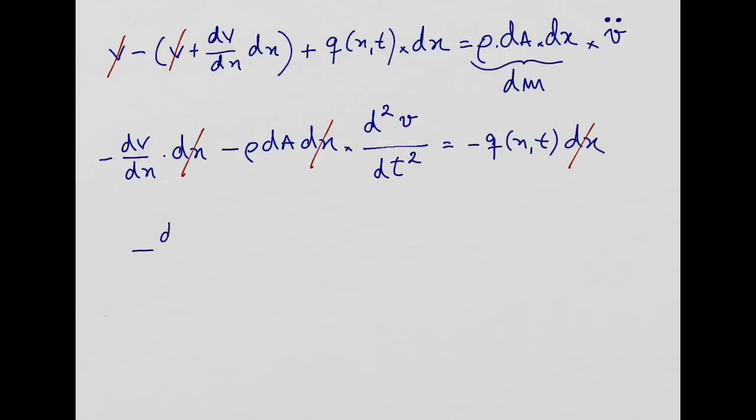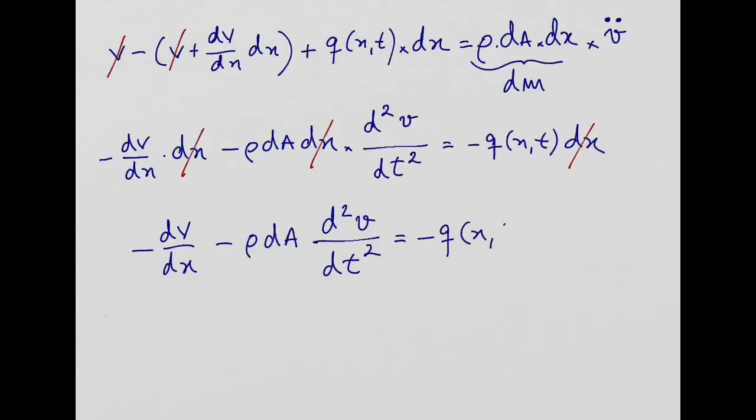So at the end we will have minus the derivative of the transverse shear force in order to x, minus the density times the cross-sectional area, times the second derivative of the deflection in order to time, is equal to minus q(x,t).